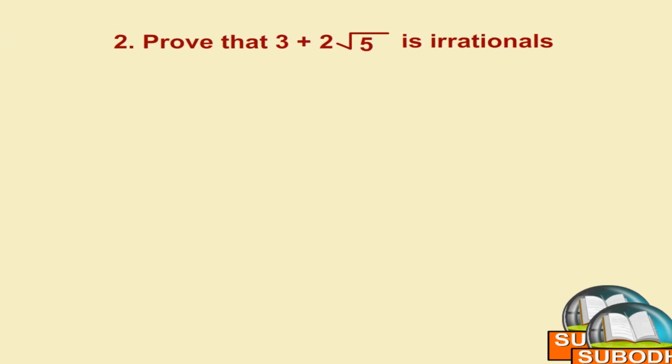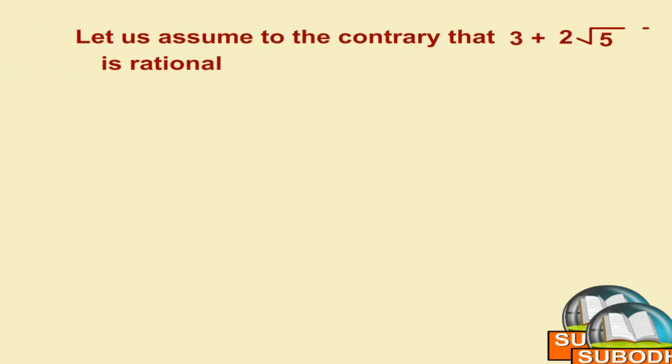Question 2. Prove that 3 plus 2 root 5 is irrational. Contradiction method. Let us assume to the contrary that 3 plus 2 root 5 is rational.